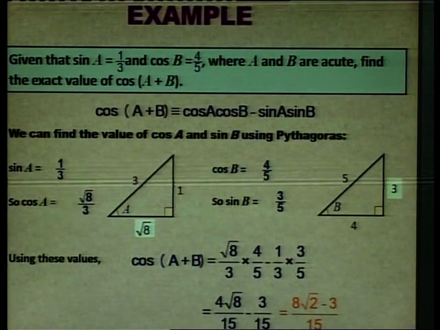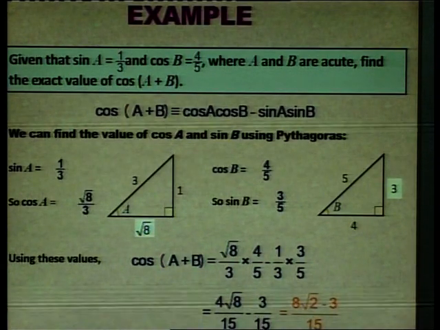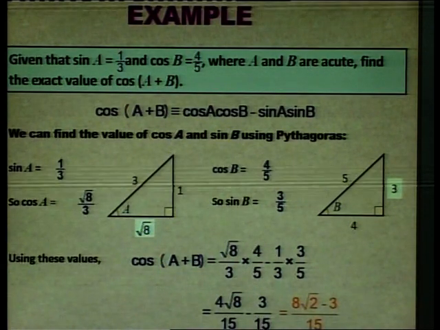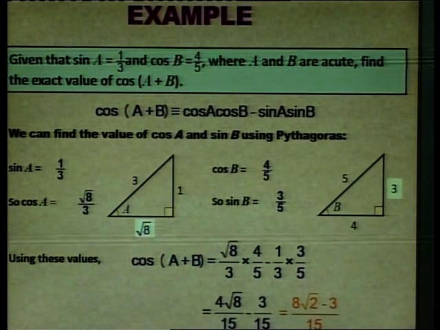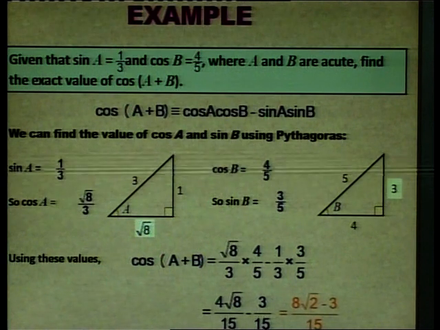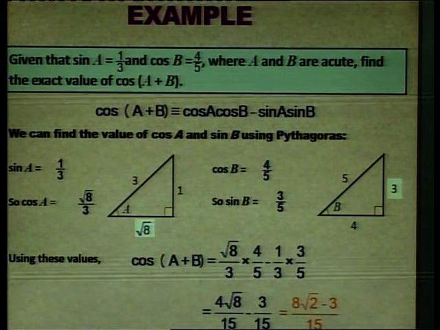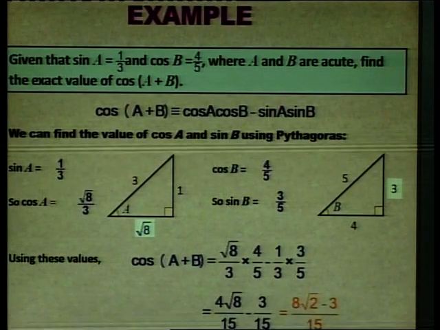Let us see how to find the value of cos(a+b). Because you have to find cos(a+b), you have to use the corresponding formula, which is cos cos minus sin sin, that is cos(a+b) is cos a cos b minus sin a sin b.